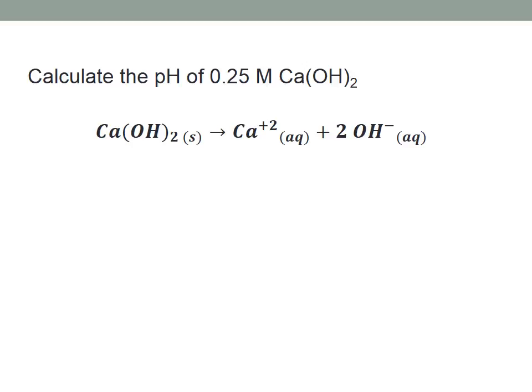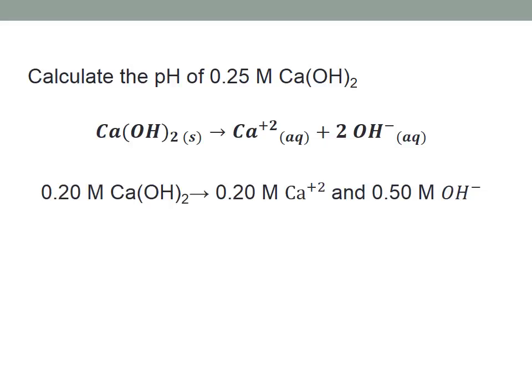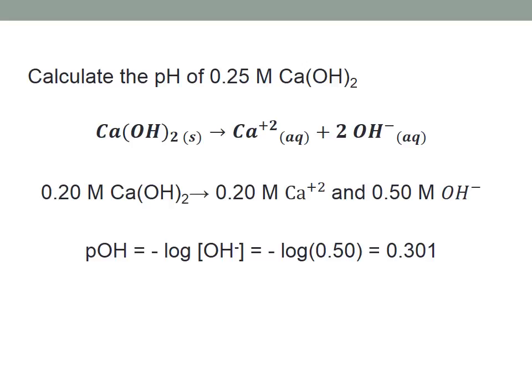That means I have twice as many moles of hydroxide ions as I have of calcium hydroxide. So if my moles of calcium hydroxide is 0.25, then the moles of hydroxide ion is 0.50. Now that I know the molarity of my hydroxide ion concentration, I can find pOH.